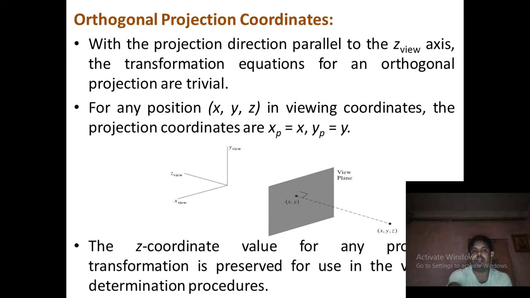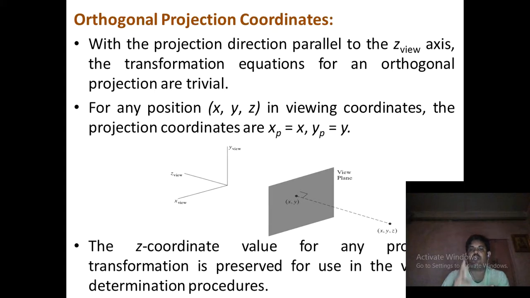As I told, in this you can see I have taken one x, y, z point, then we have projected it on the projection plane. The x, y, z will become only x and y, because the z axis I cannot retain on the projection plane, because the projection plane is only 2D, or our screen is only 2D, or your photo film is only 2D. That time there is no chance of representing z there.